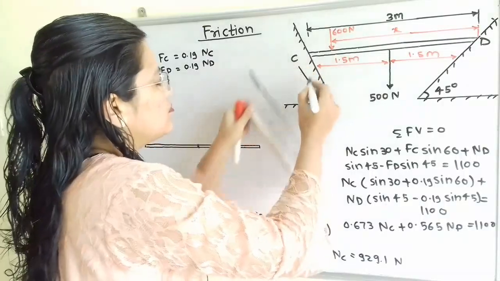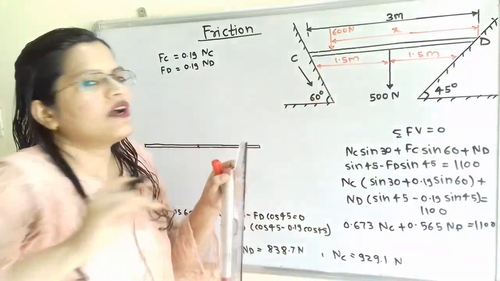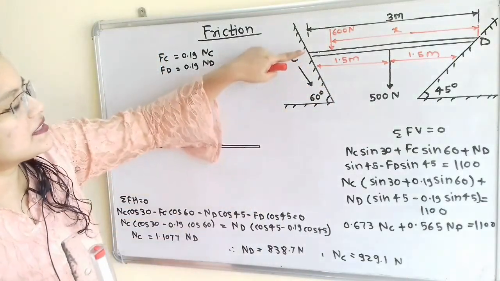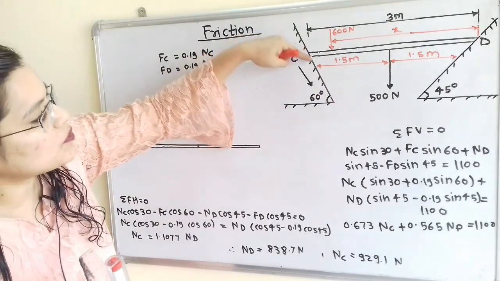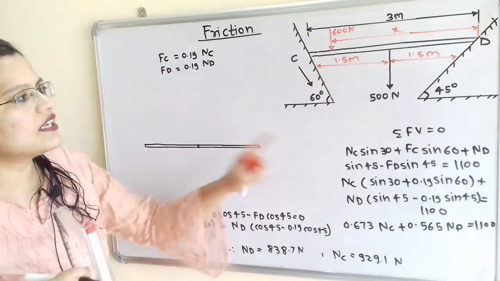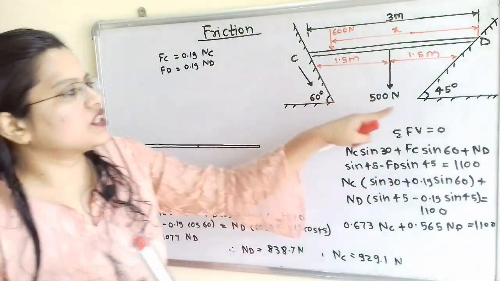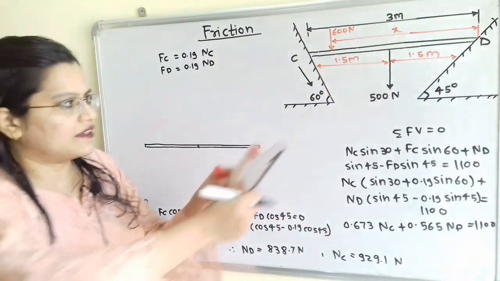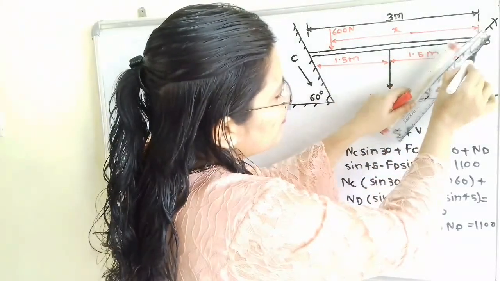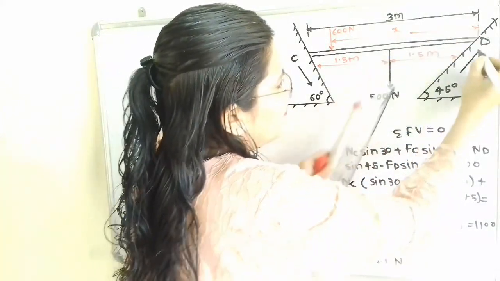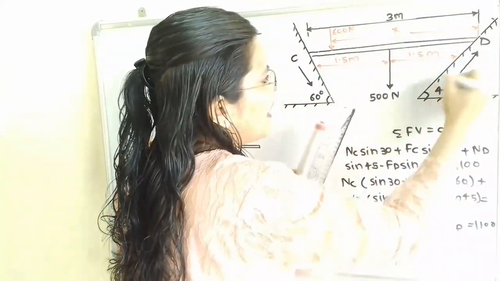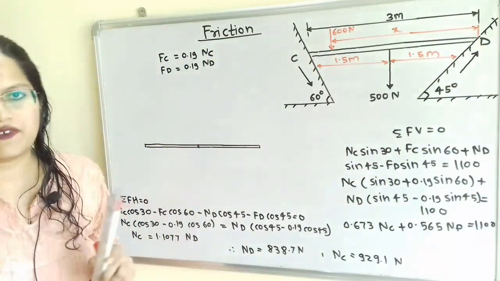At the same time, as this bar tends to move downward, at point D it tends to move in the upward direction along this inclined line. So this motion is parallel to the inclined surface.